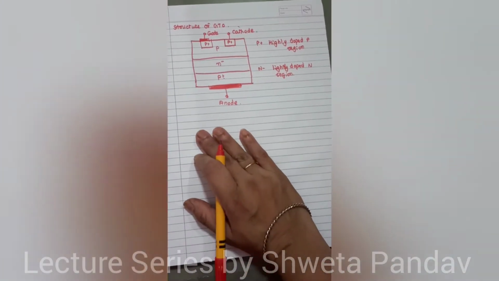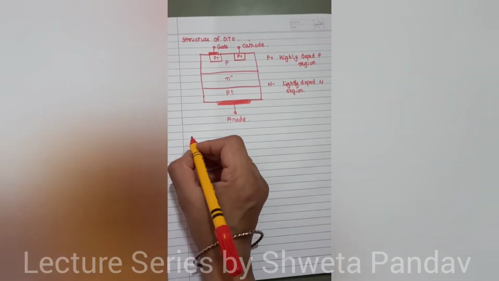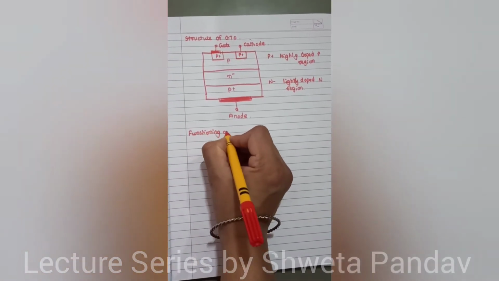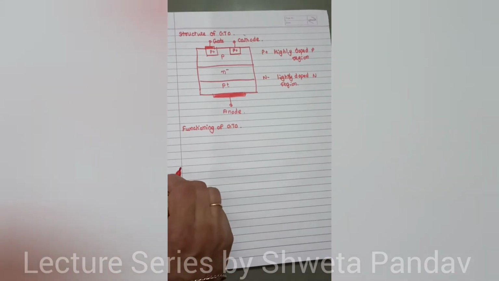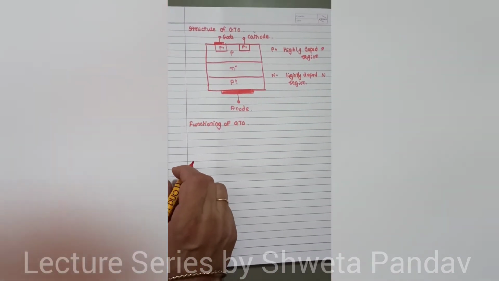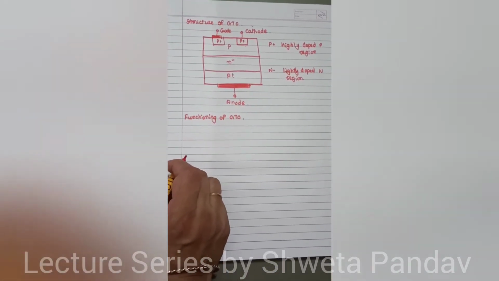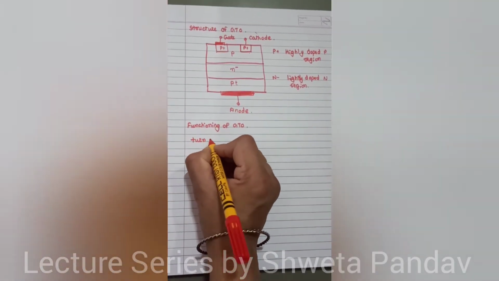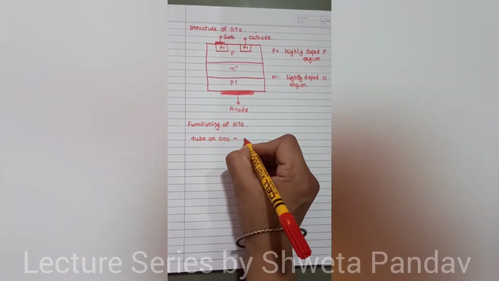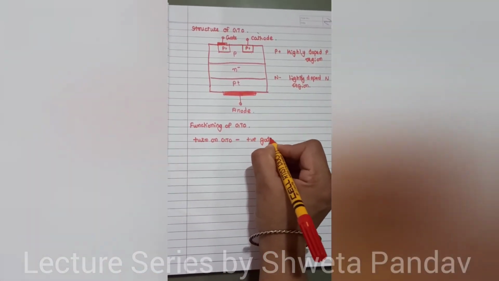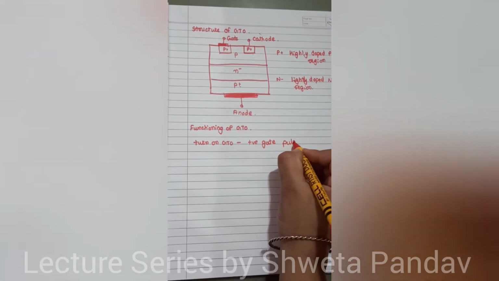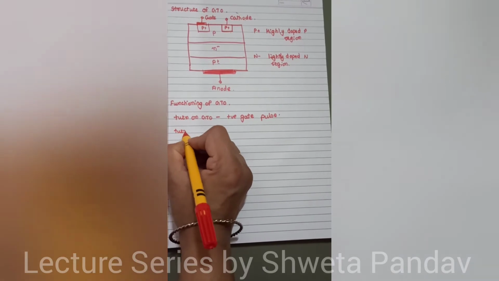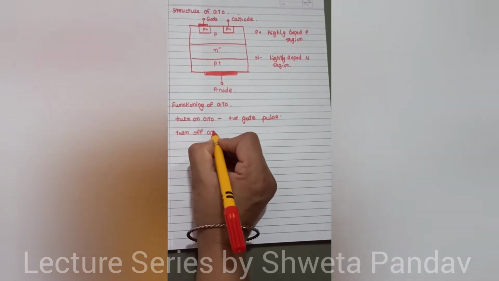Now let us see how the GTO functions. To turn on the GTO, we can apply a positive gate pulse, and to turn off the GTO, we can apply a negative gate pulse.